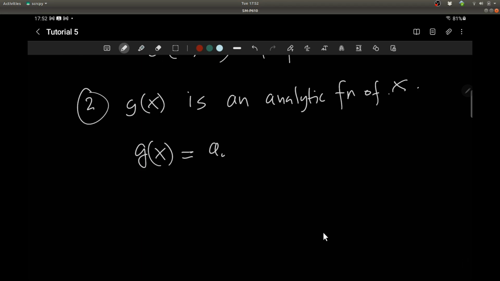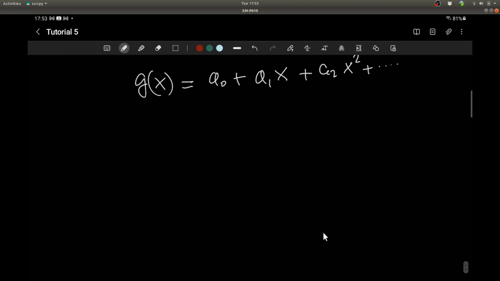So let's just do that. A0 is some constant. A1 is also some constant, which is independent of x, of course. A2 multiplies x squared. This is what it means. So we have something to work with. So we get f of x, t.